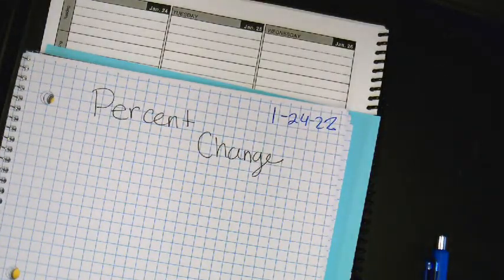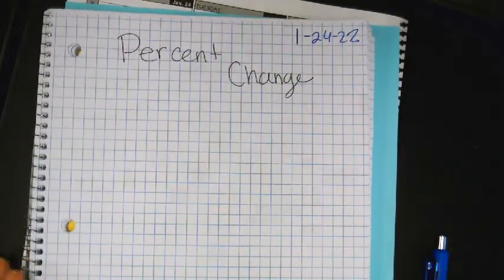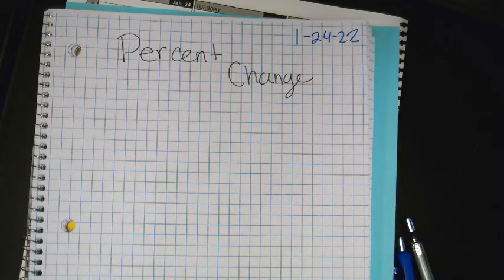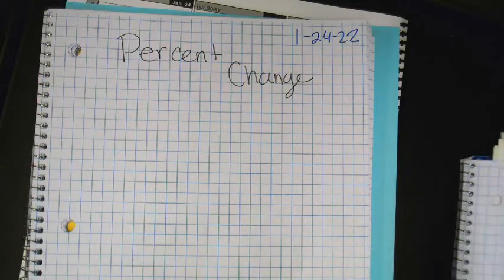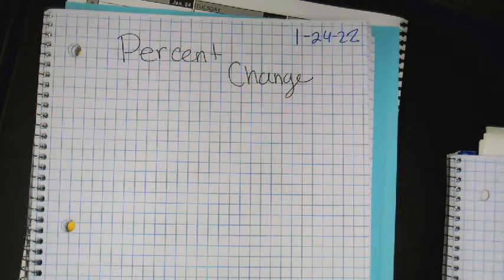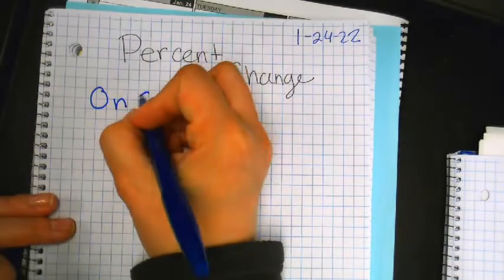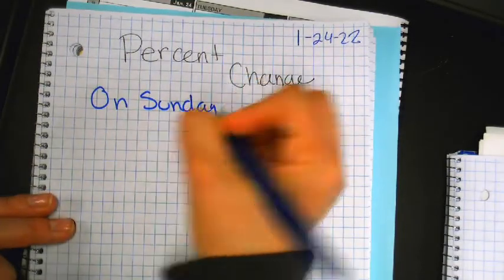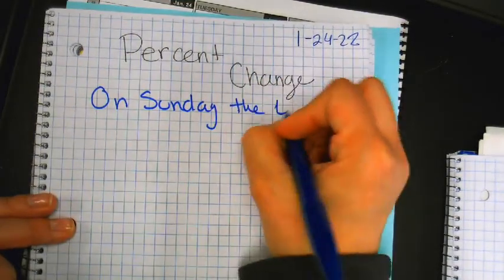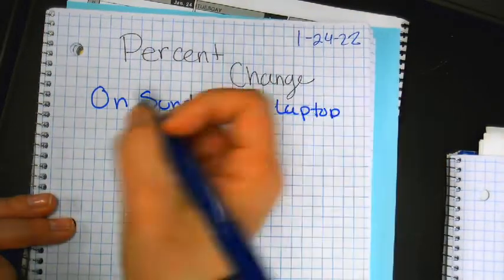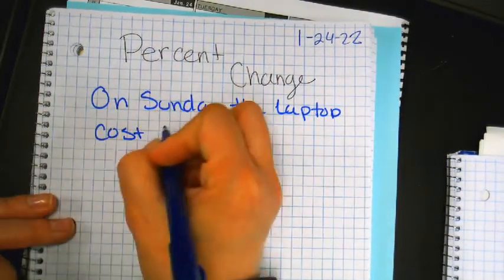Percent change. That's what we're going to do today. So let's see if you guys can figure out how it kind of relates to what we've been doing, but completely brand new. Okay. On Sunday, the laptop cost $500.